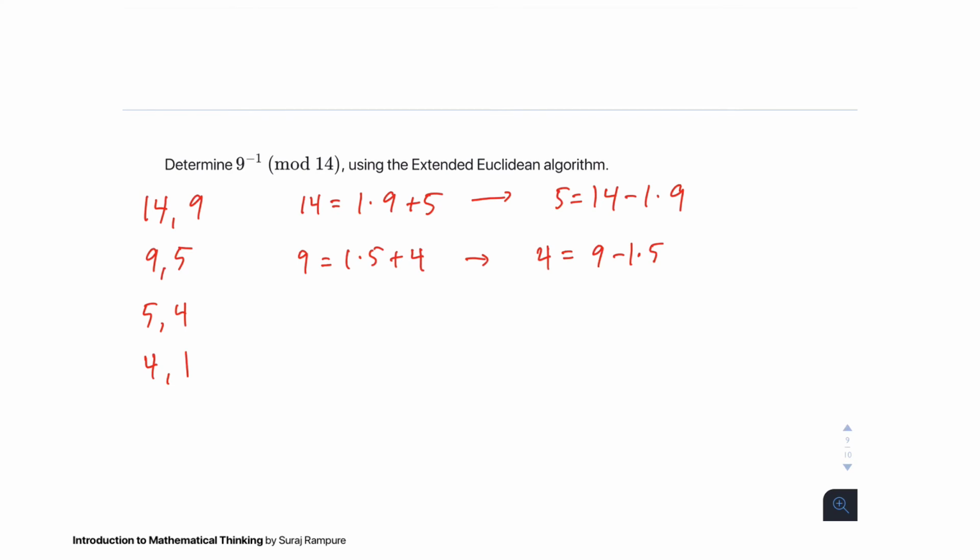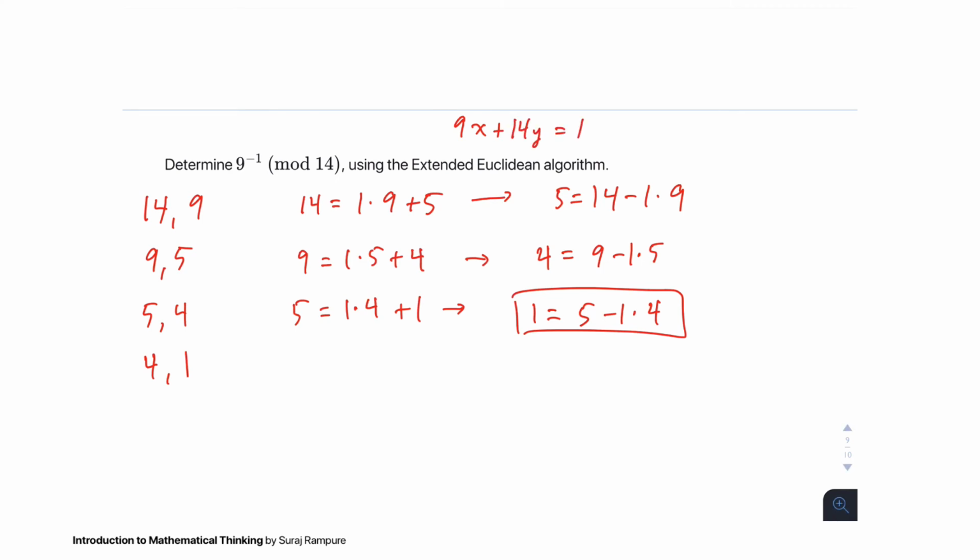Any ideas? Good, and that gives you 1 is equal to 5 minus 1 times 4. Okay, and once we get that equation, 1 is equal to something, that's when we can stop, right? Because we know our end goal is to find coefficients such that we can write 9x plus 14y is equal to 1. And we start with that equal to 1 at the very end.